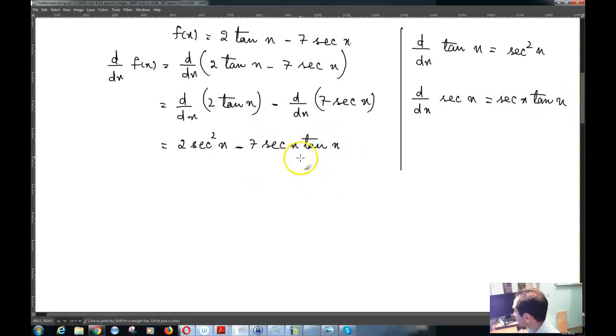That's how you, for example, can calculate the derivative of this function, 2 secant squared x minus 7 secant x tan x. Okay.